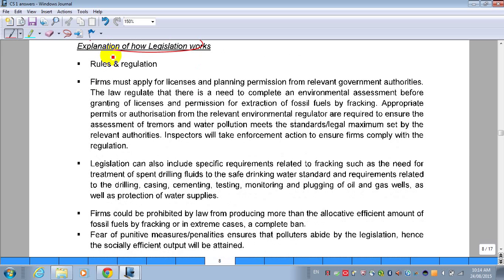And you know, when they give legislation, right, they don't just give all the points from the lecture notes without application. You provide application. For example, you must apply for licenses and planning permission to extract the fossil fuels, okay?